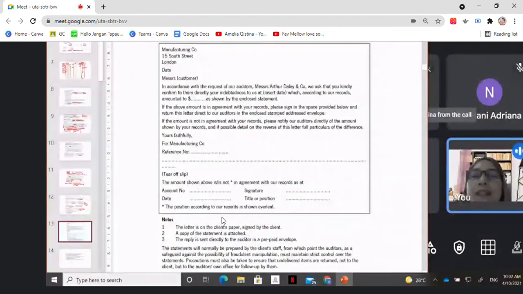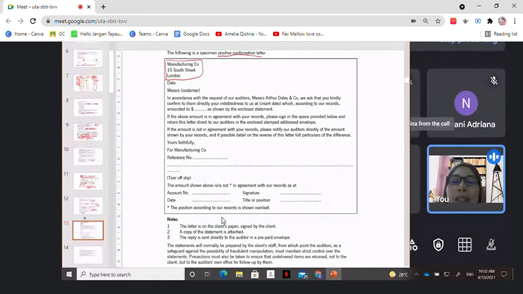So this is the example of a positive confirmation letter you have in your book. This is the letterhead of the company, and the date. This is a customer. You have to state: in accordance with the request of our auditors, Messrs.